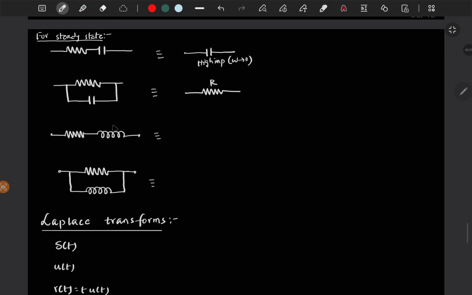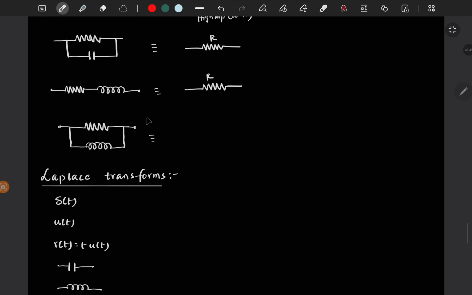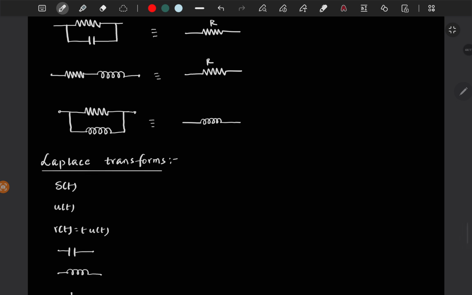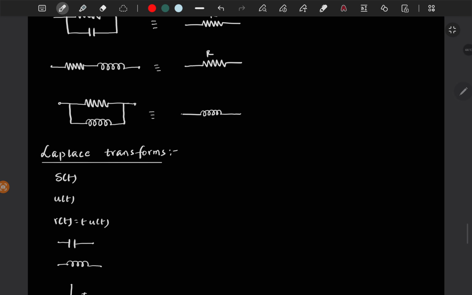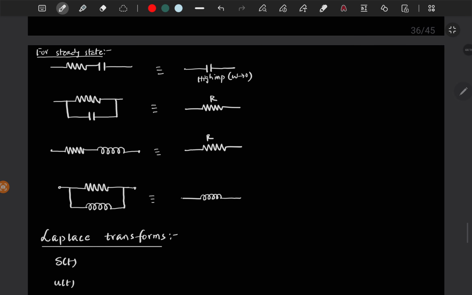And this will be short circuited for omega tends to 0 at steady state, so you will get only a resistor. If this is short circuited, then all the current will flow through here and we can ignore this one. So it looks like this circuit has only the inductor and there is no across branch, so we can ignore this R, and it will be only the inductor. That is how this behaves at steady state.